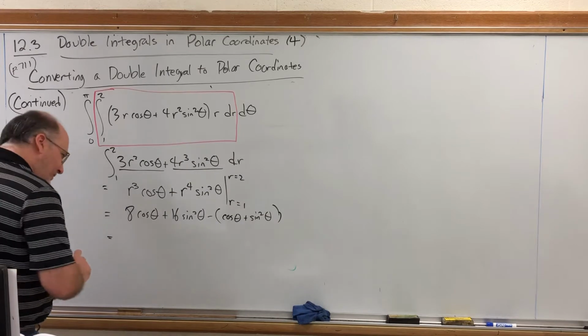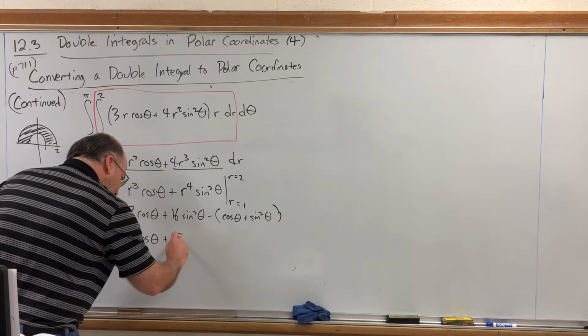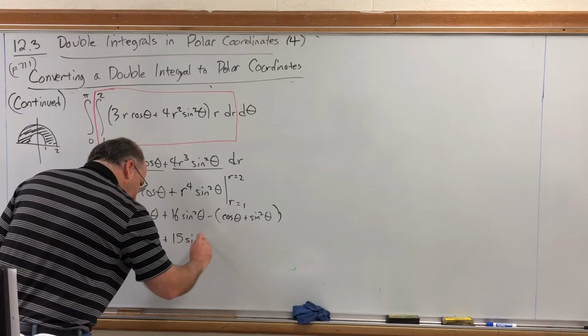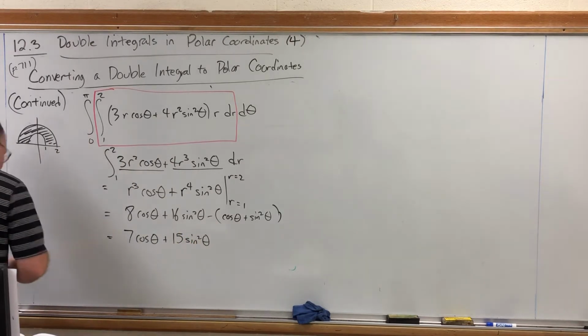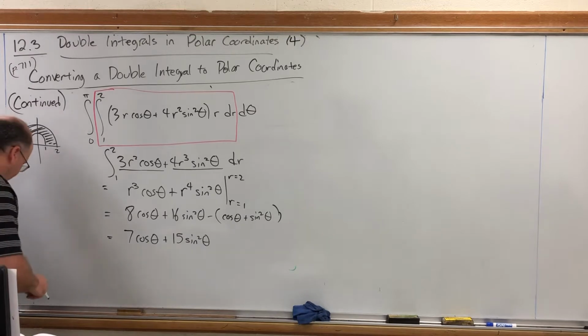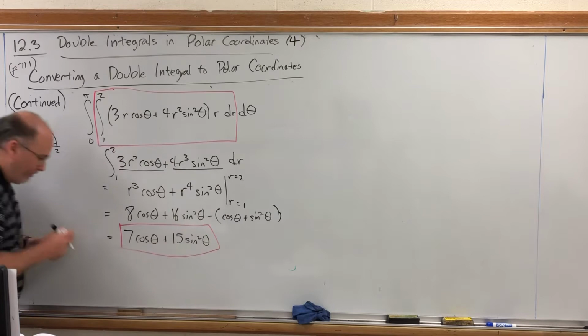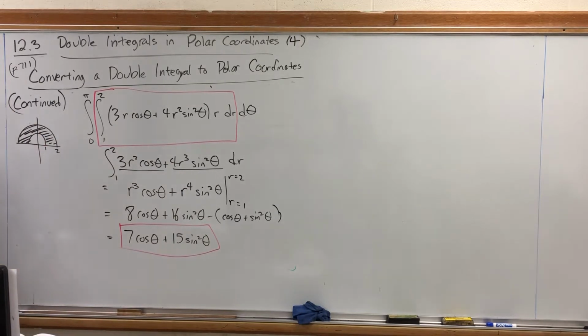And so we have 7 cosine theta plus 15 sine squared theta. Now be careful, that's not the end, and it's not time to substitute 0 and pi for thetas, because we have not integrated with respect to theta yet. That's just the value of the inner integral, if you will.